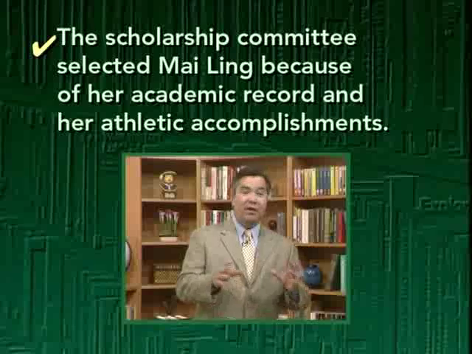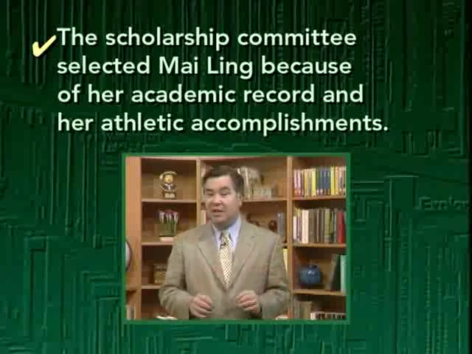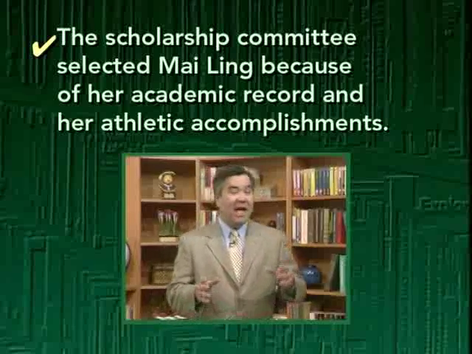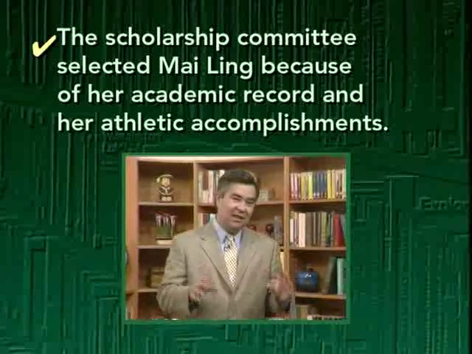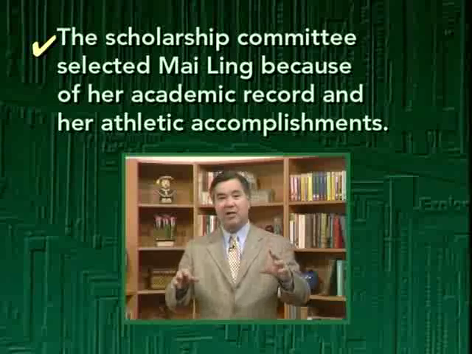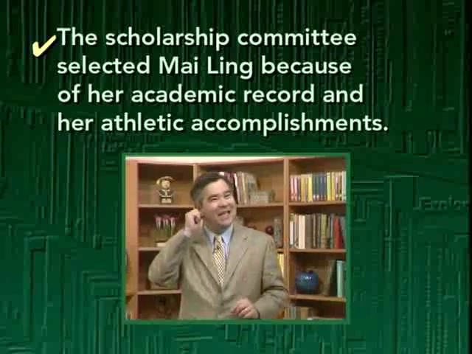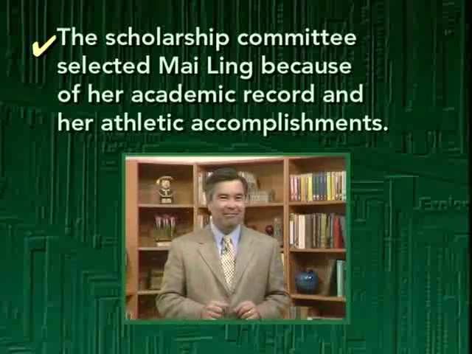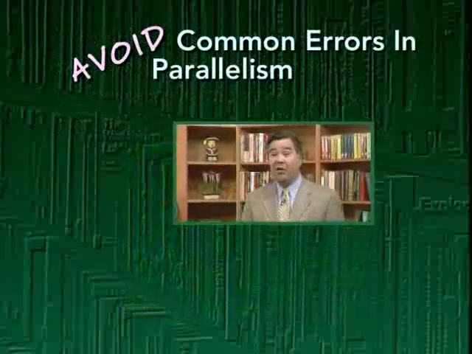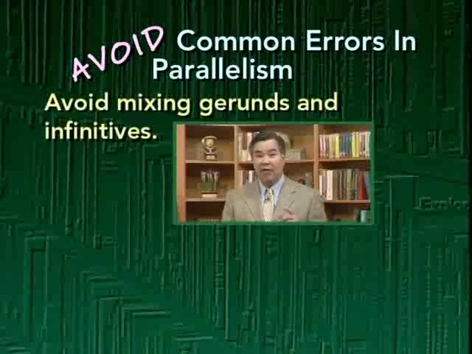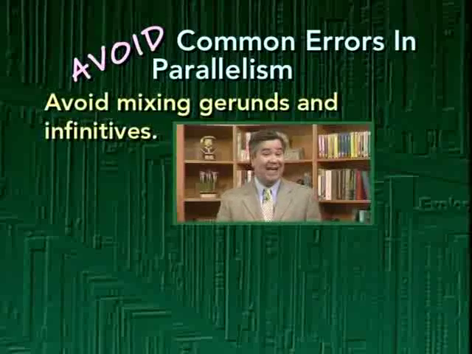Now, both are simply phrases, neither one is a clause, and we haven't mixed and matched unmatching parts. Instead, the two ideas are set up in grammatically parallel form, and now the sentence sounds right. Here's another hint as to what to look for to avoid an error in parallelism. Avoid mixing gerunds and infinitives.